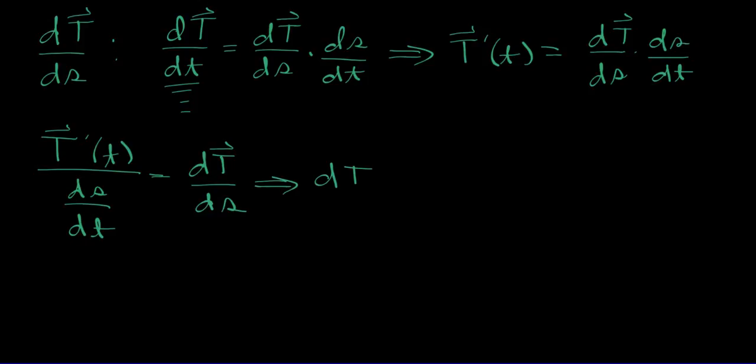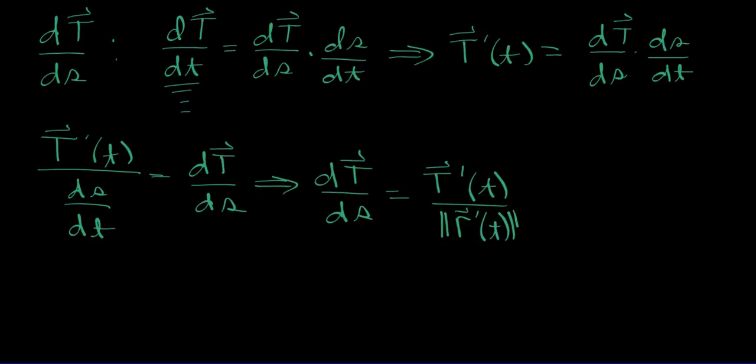We've got dT/ds, which is what we don't want to work with, equal to T prime of t over the magnitude of r prime of t. So this is curvature. No reparameterization, right? Look what we've got there.